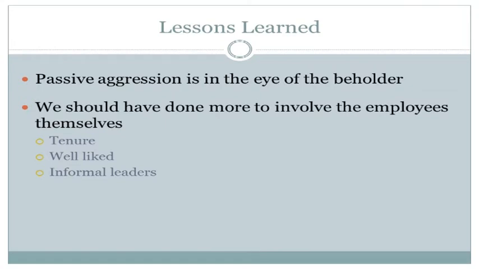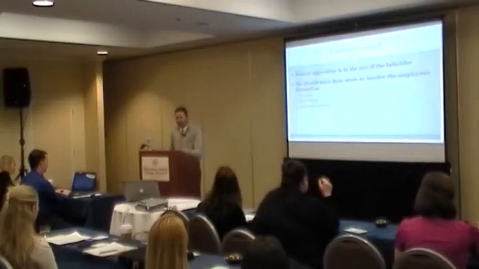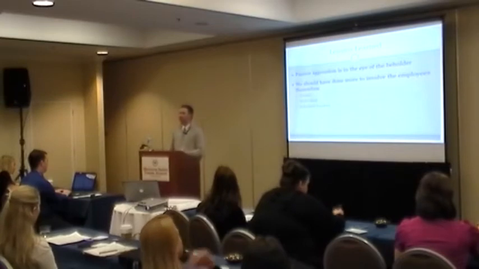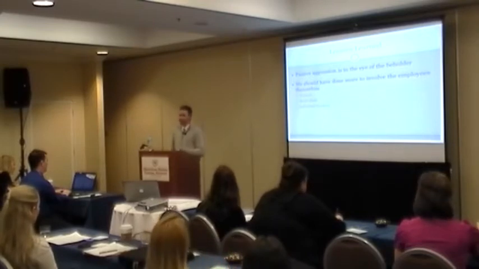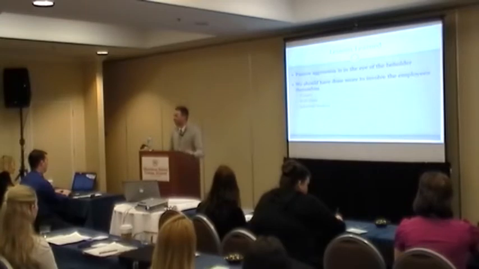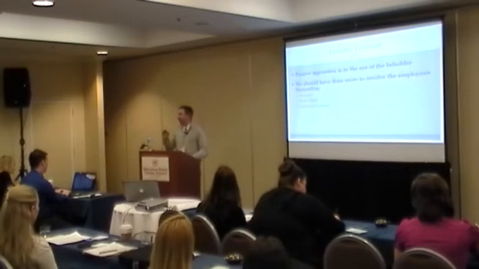We should have gotten somebody like an informal leader in the organization at the level of line employees, somebody that's well-liked, somebody that's been working there for a while, because if you get them on board, then you probably have more chance of them being a champion of your intervention if people start voicing problems about what you're doing. So this was one of the lessons that we learned, reiterating that we should have incorporated people at the line level into our intervention.